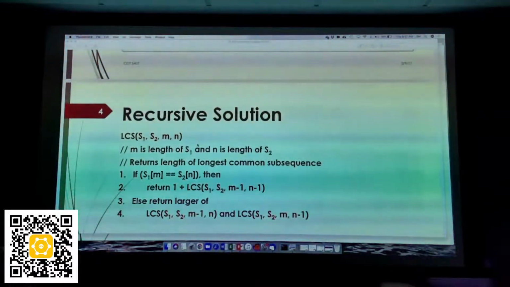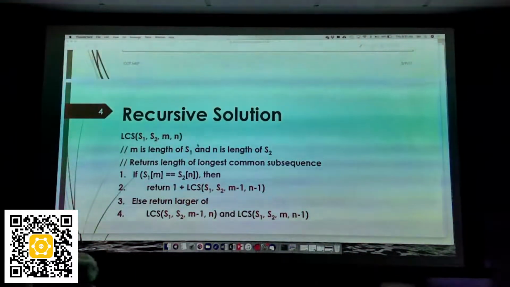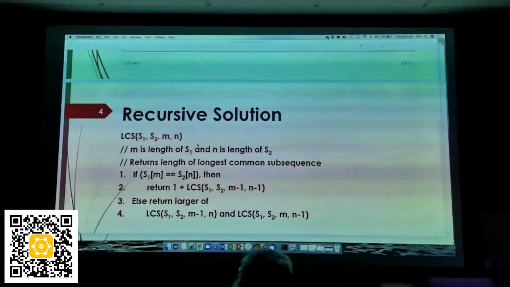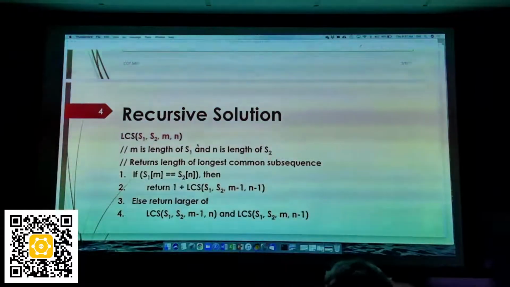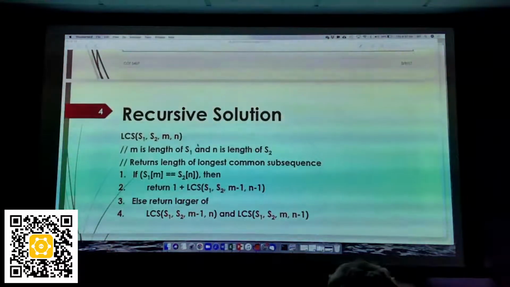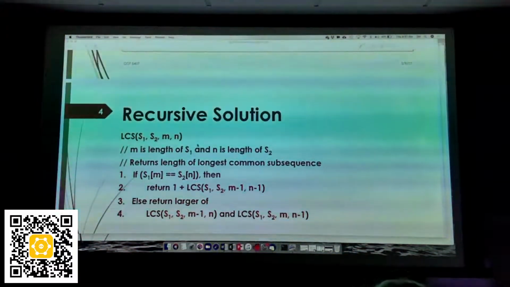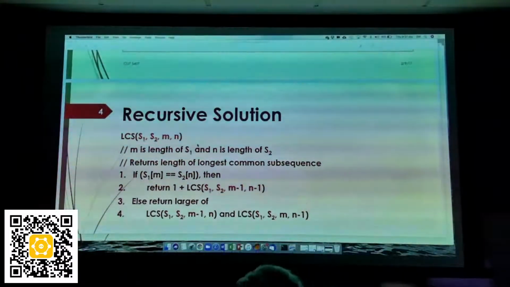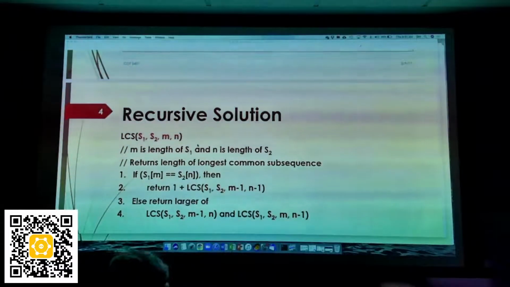So that's where the trick is. Instead of resolving problems over and over again, we're going to store our solutions to the subproblems in a large table, and whenever we see the same problem again, we're just going to reuse those solutions.